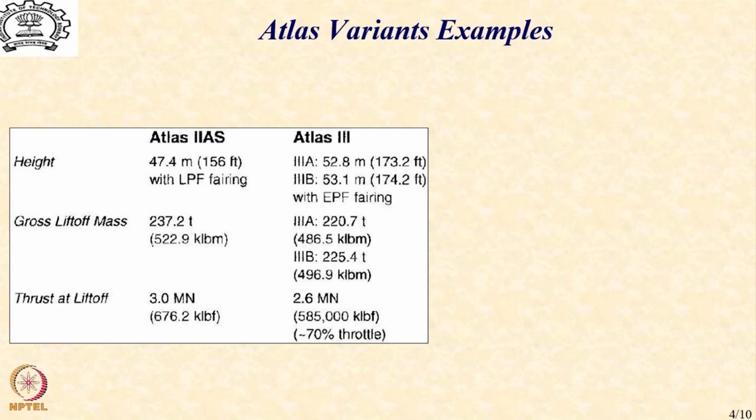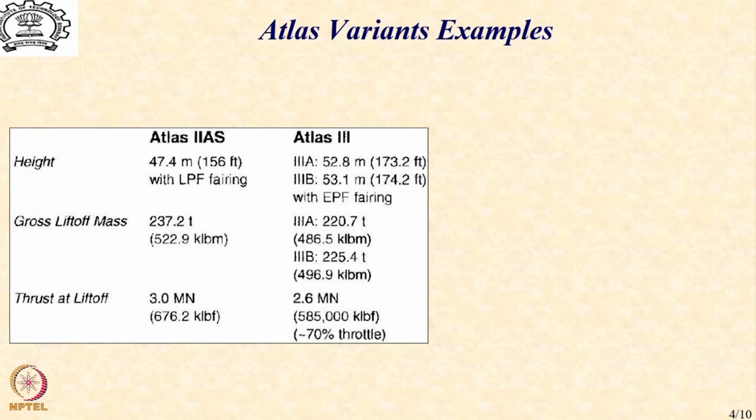The lift off mass, which is 237 tons for Atlas 2AS, becomes 220.7 tons for Atlas 3A and 225.4 tons for Atlas 3B. If you look at the thrust at liftoff, Atlas 2AS generates 3 meganewton, while Atlas 3 generates 2.6 meganewton.